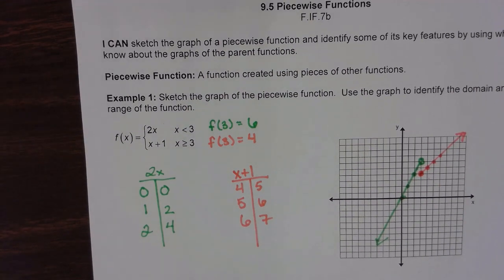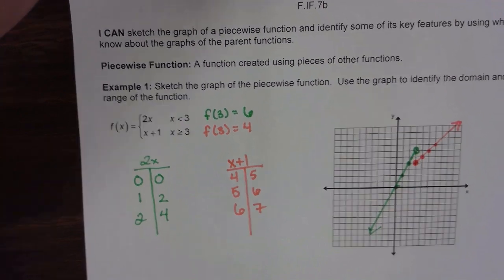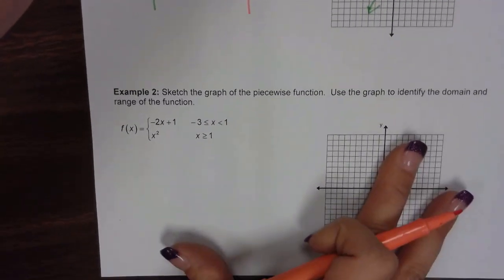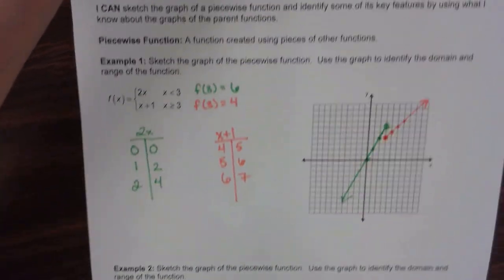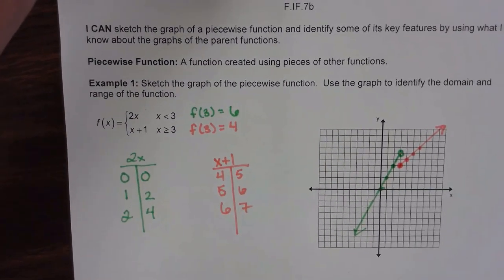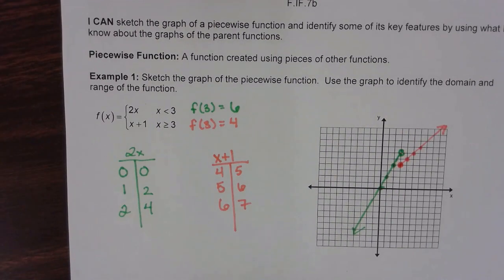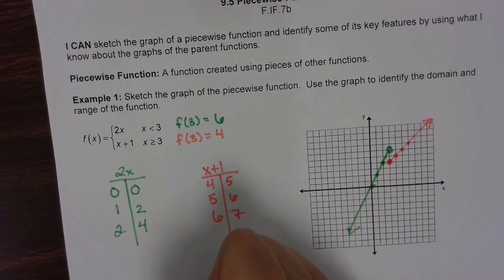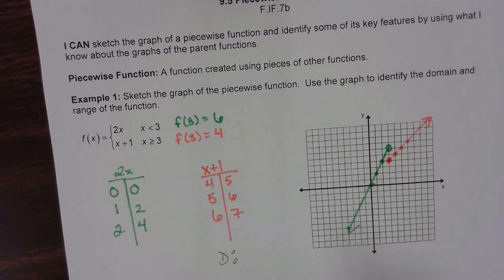Alright, we just did our first piecewise function. Let's check how it might change. It does say identify the domain, guys. So let's go through that really quickly. Sorry, have to go back. So remember, domain is all your possible x values.